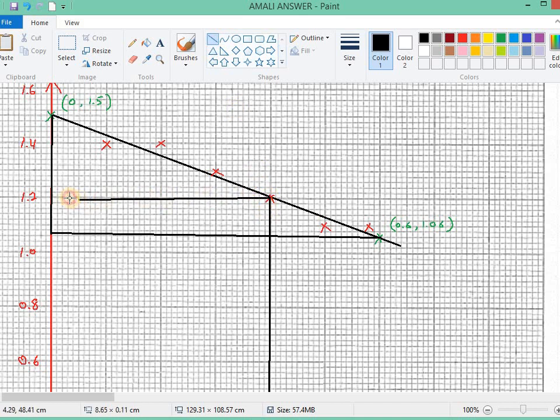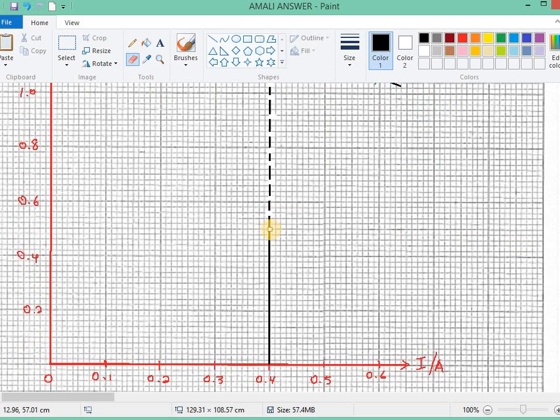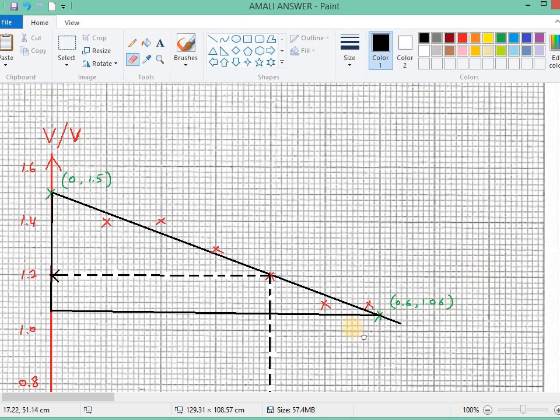Then here. Okay, draw an arrow. Actually you should draw a dotted line. The triangle also should be a dotted line.